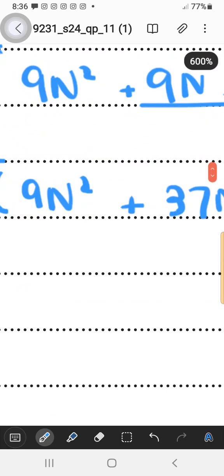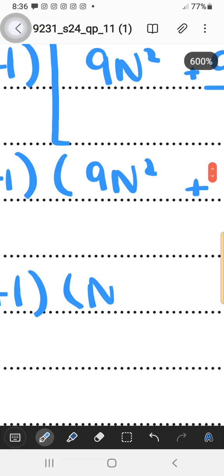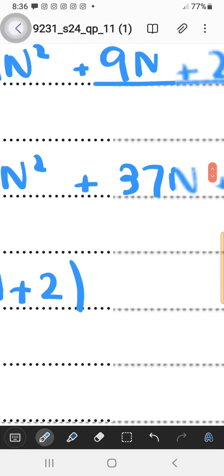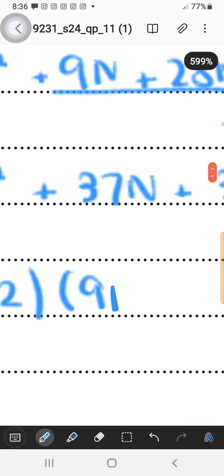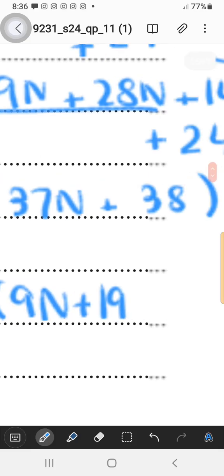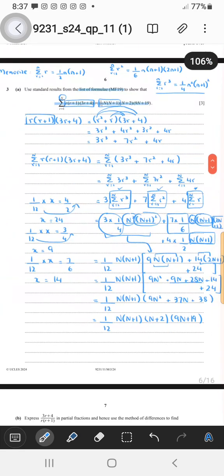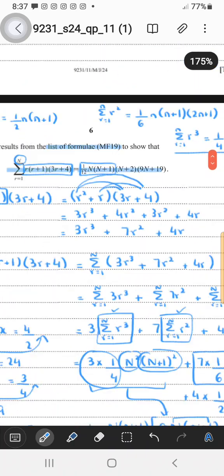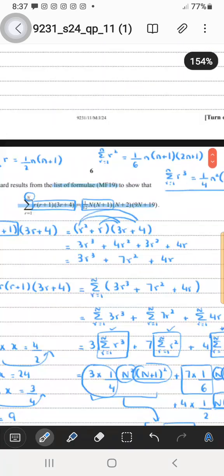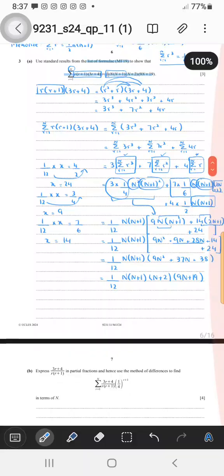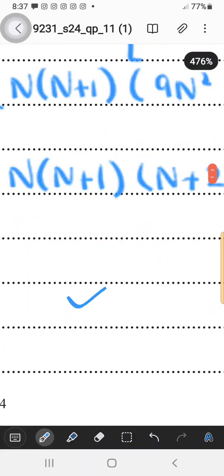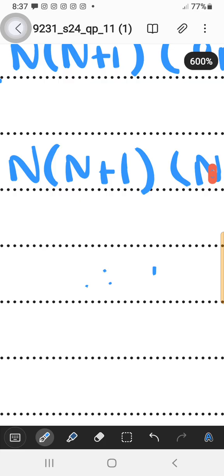We will get two factors, n plus 2 and 9n plus 19. Now let's match up with what we have to show. It was 1 upon 12, n plus 1, n plus 2, and 9n plus 19. Yeah, so we got our answer. So this is shown.